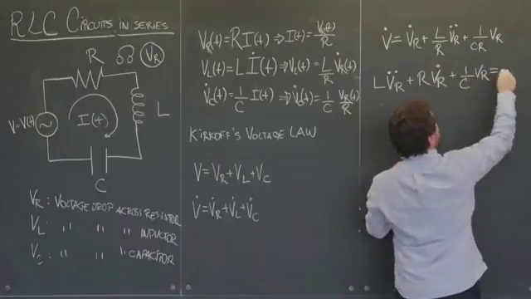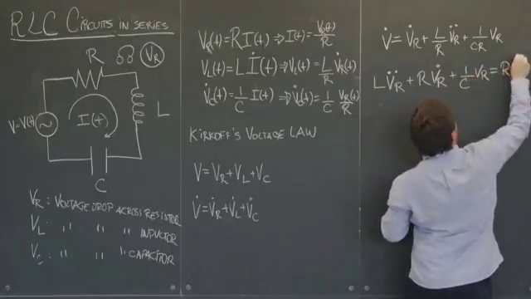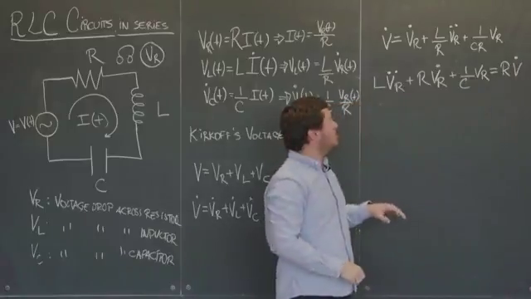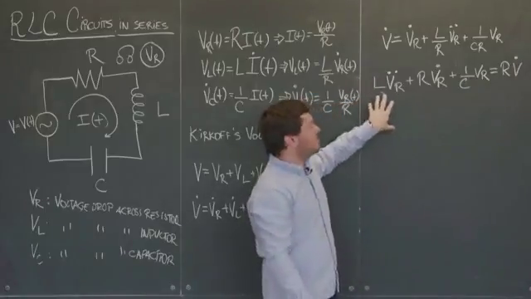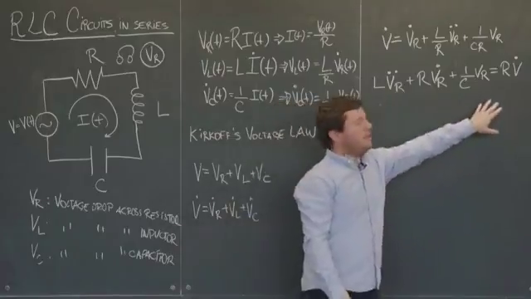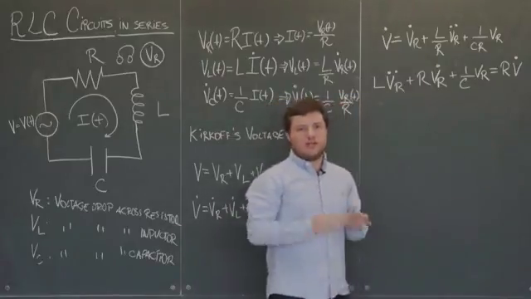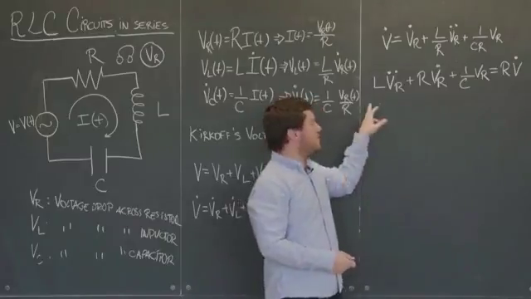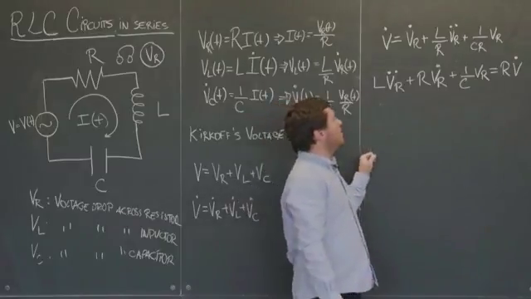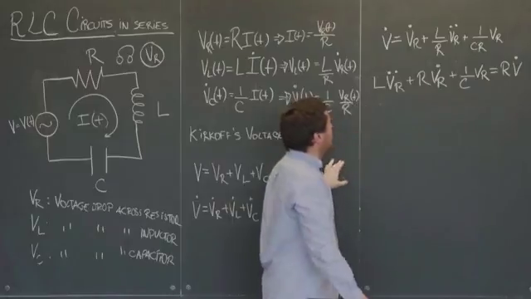And all of that is equal to R times V dot. Now we have system response on the left-hand side, input on the right-hand side, and the coefficient of each term is a single constant, a different constant, but a single one.